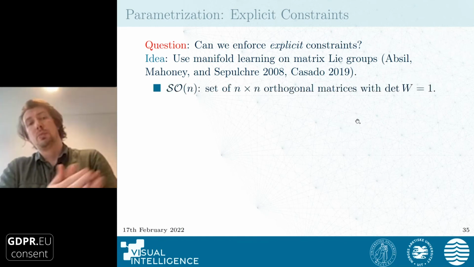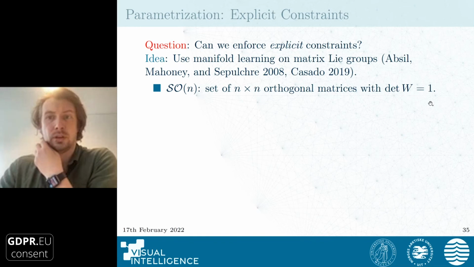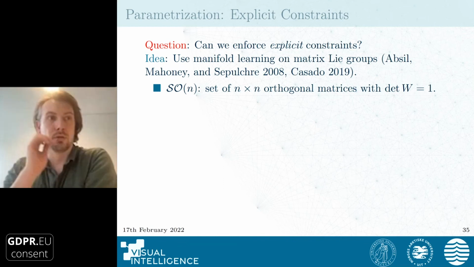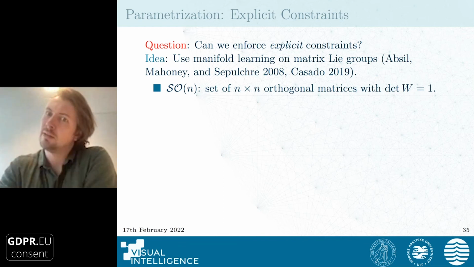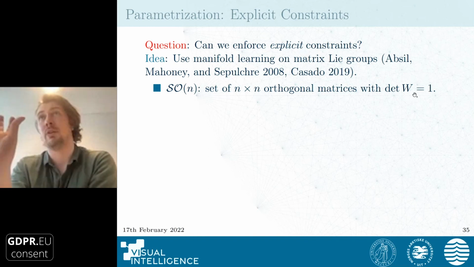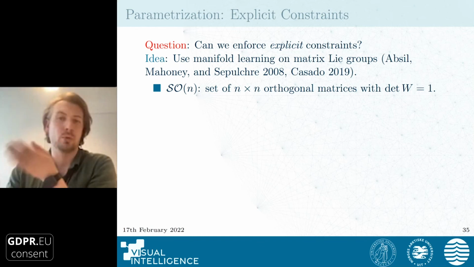So we have the group of special orthogonal matrices, meaning that they're orthogonal and have determinant 1. The difference from the standard orthogonal group is that the determinant cannot be flipped. So it removes flipping and only allows for rotations.